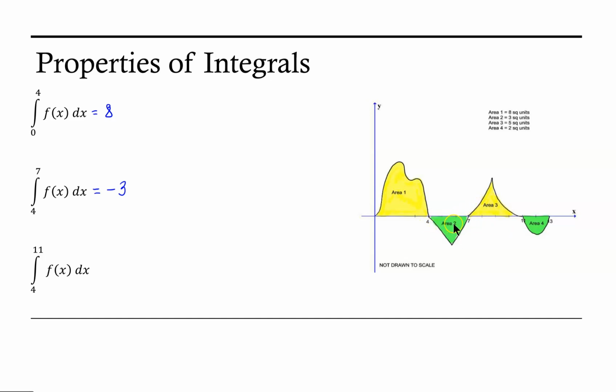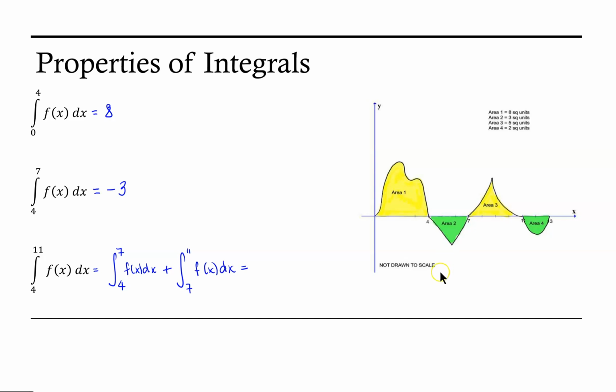So what we will need to do is to break this integral up into a sum that captures what's happening on the interval from 4 to 7, and then on the interval from 7 to 11. So this is going to be the integral from 4 to 7 of f of x dx plus the integral from 7 to 11 of f of x dx.